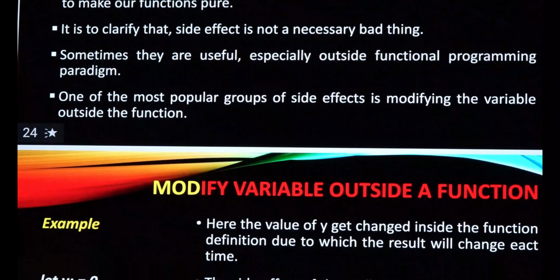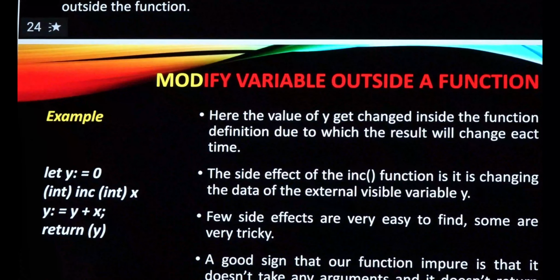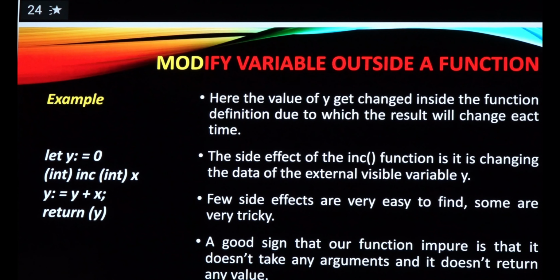Now modify variable outside function. You see an example. Here let y equal to 0, integer of inc of integer of x. Here y equal to y plus x, return y. Here the value of y gets changed inside the function definition, due to which the result will change.